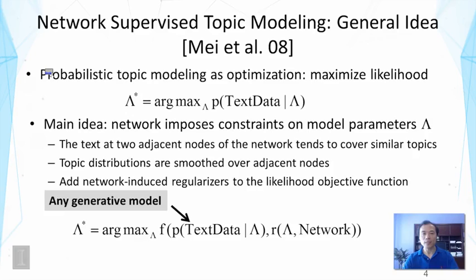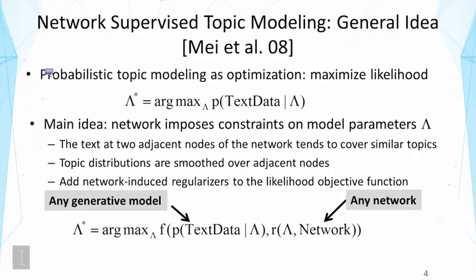So the advantage of this idea is that it's quite general. Here, the topic model can be any generative model for text. It doesn't have to be PLSA or LDA or the current topic models. And similarly, the network can be any network, any graph that connects these text objects. This regularizer can also be any regularizer.